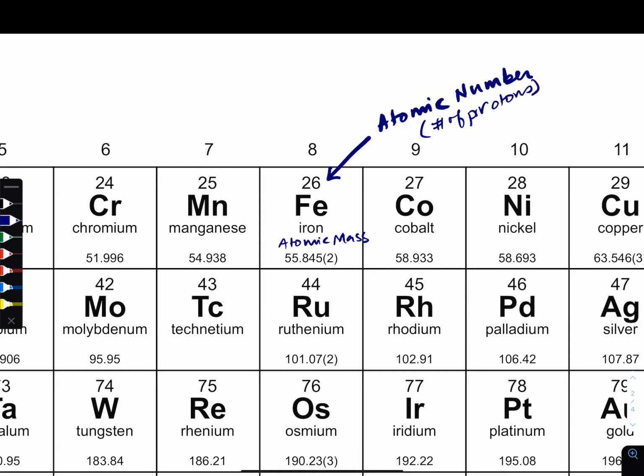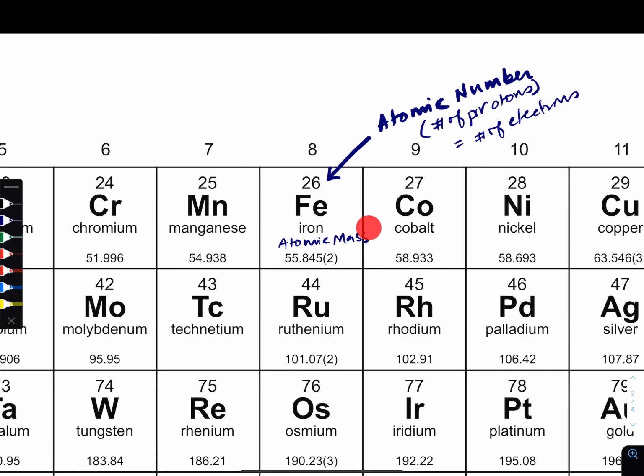Protons in the element. And by default, the number of protons is also equal to the number of electrons. So looking at the periodic table, just by looking at the atomic number of any element, iron in this case, you can deduce the number of protons. And then from there, since that's equal to the number of electrons, you can figure out the number of electrons.